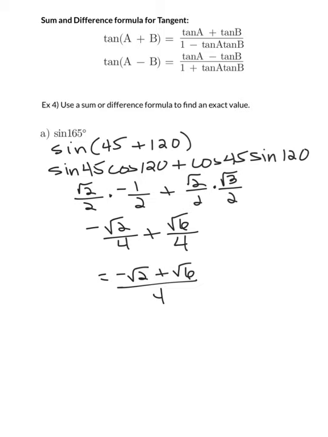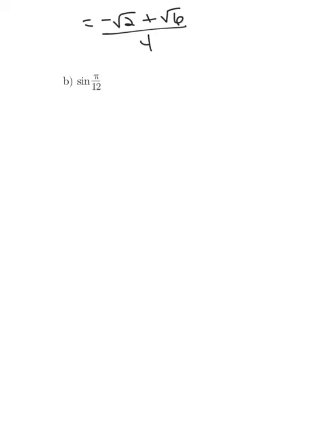Leave it alone. On B, we have the sine of pi over 12 that we need to find an exact value for. Pi over 12 is not one of the angles that's on our unit circle. So we have to find things that, if we wrote them over 12, would simplify to be angles that are on the unit circle.